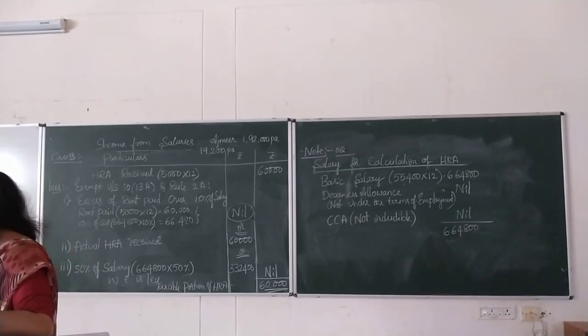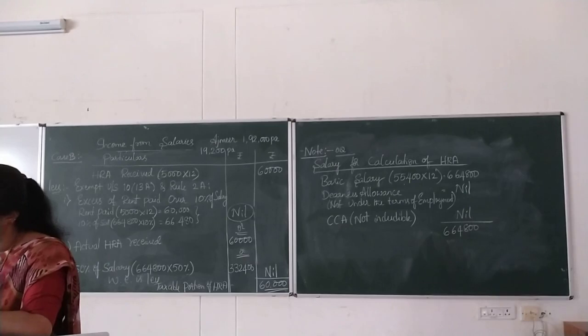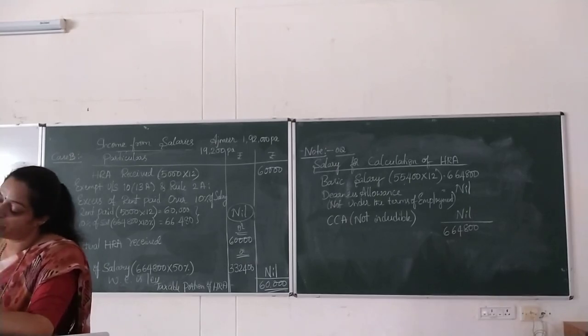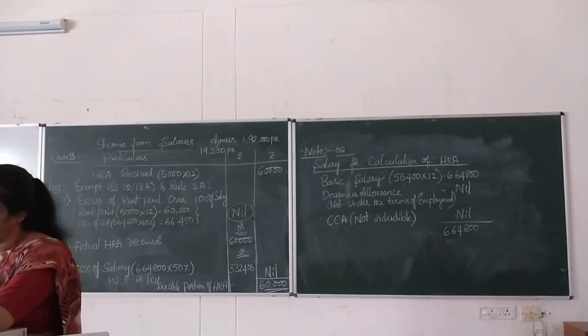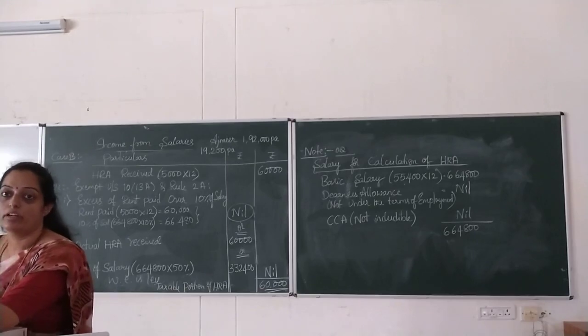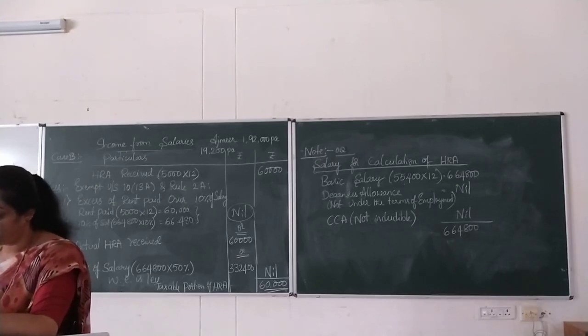7% commission on sales made by him. In the bracket, sales made by X during the relevant previous year is rupees 86,000, close the bracket, and 24,000 per annum.